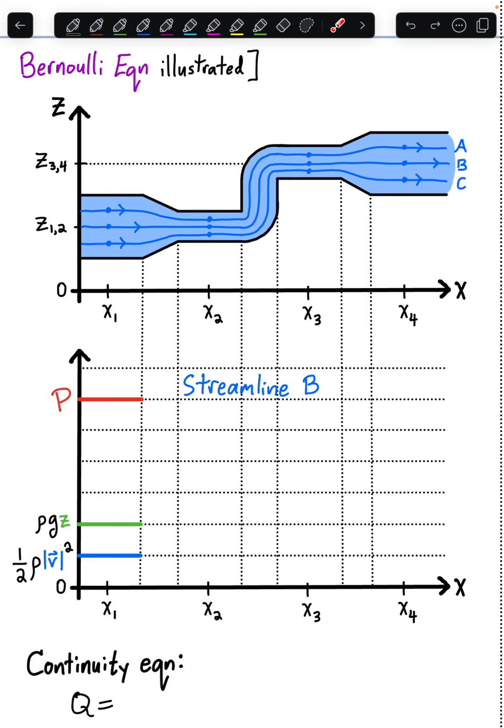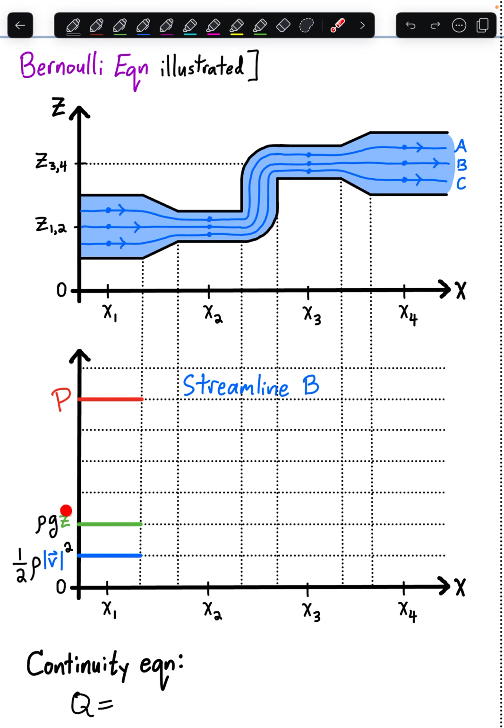And here I want to graph the variations in pressure, gravitational potential energy density, and kinetic energy density along streamline B. So let's start with the changes in the gravitational potential energy density, since that's the one that is easiest to see from the picture. As we go from point 1 to point 2, the Z value has not changed, but then Z increases. We go up in height from 2 to 3, then Z stays the same from 3 to 4.